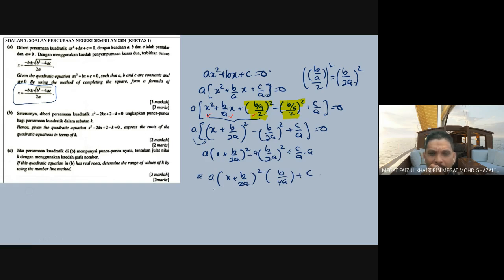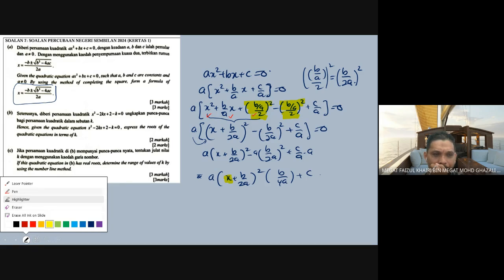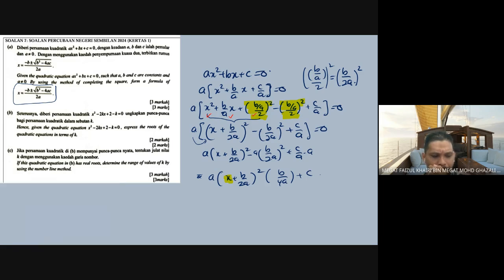It is quite long here because there is only one x left. Okay, one x left here. But make it equal to 0.